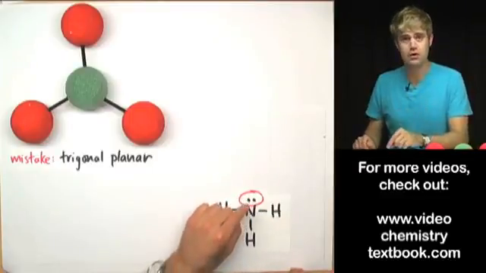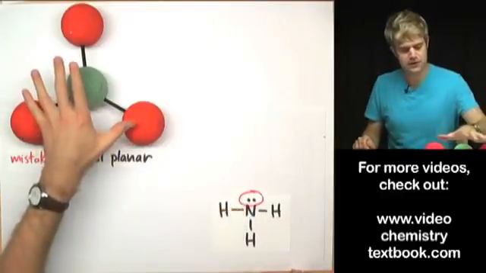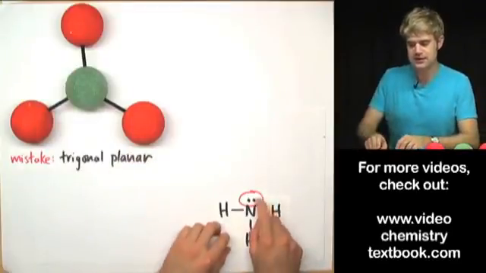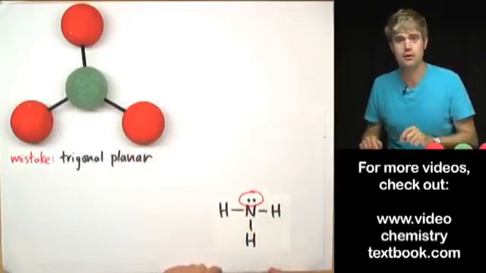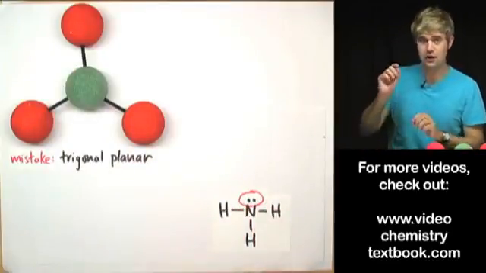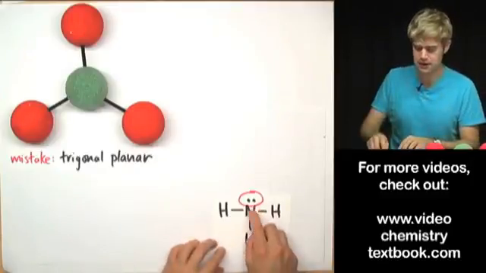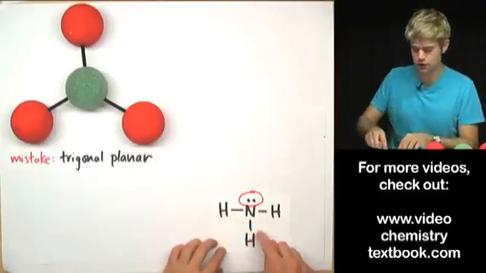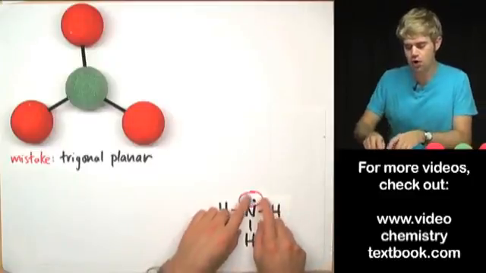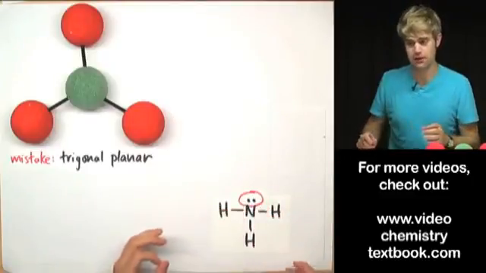It's very important. When people think this is trigonal planar, they forget to take into account the unshared electron pair, okay? So there are actually 4 things that need to be arranged around this nitrogen. Sure, there are 3 atoms, but then there's also an unshared electron pair.